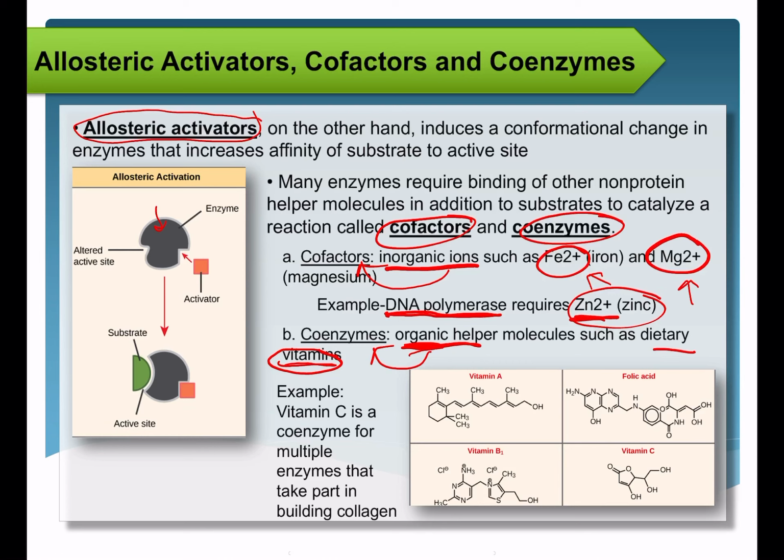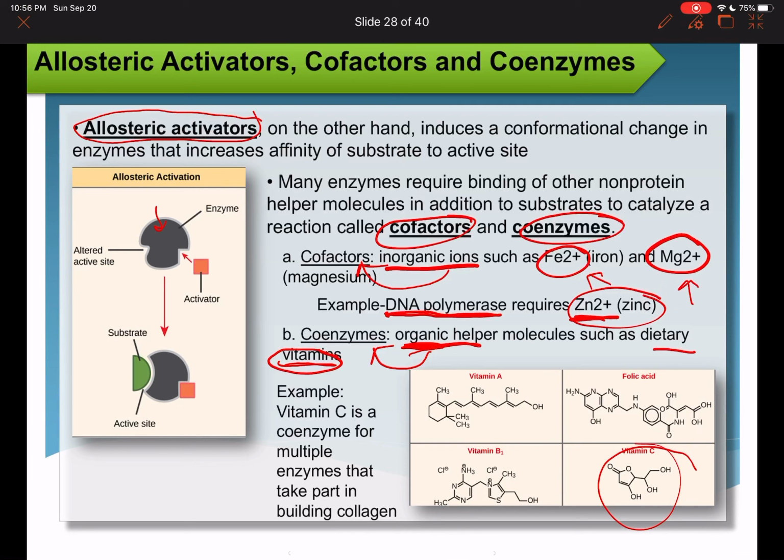So for example, vitamin C right here serves as a coenzyme for multiple enzymes that take part in the building of collagen fibers. Remember, we talked about collagen in our protein chapter 3. And it turns out that the process of making collagen requires an enzyme that is activated by vitamin C. So make sure you understand the difference between cofactors and coenzymes.